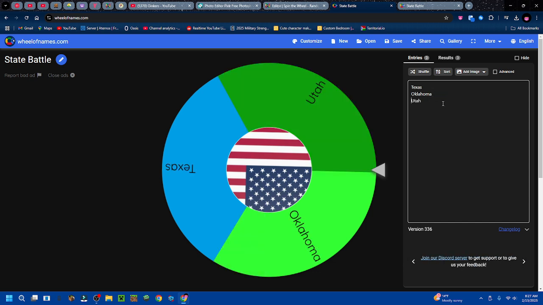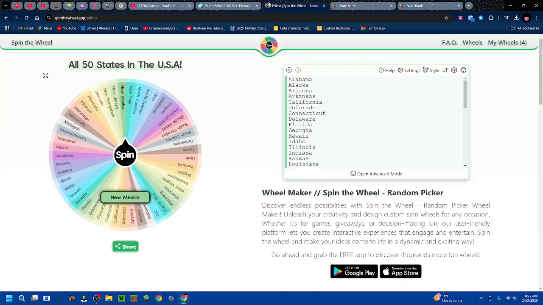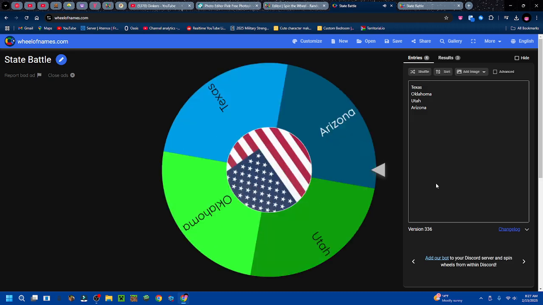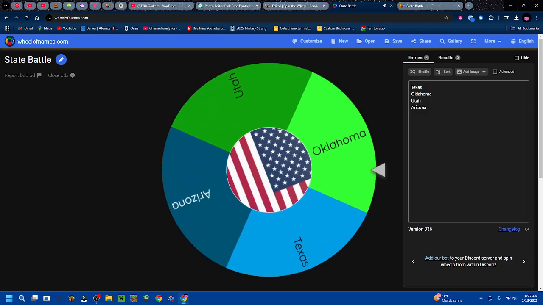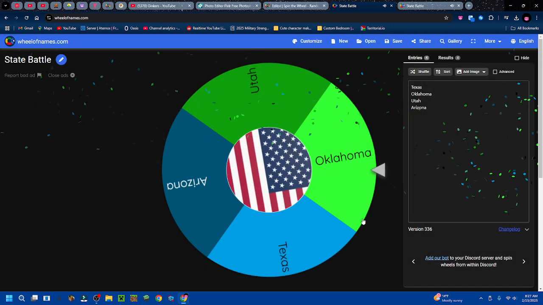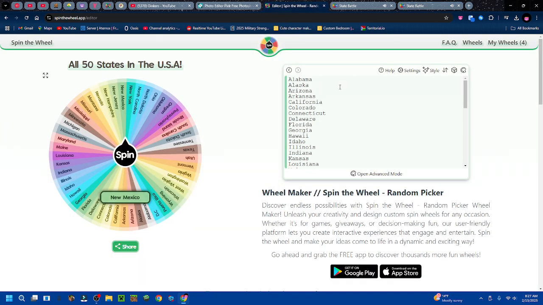Oh. Arizona. Oh, I just threw my keyboard. Alright. That's everybody that they border. Who are they going to be attacking? Oklahoma. At least it's not as bad as, say, attacking Utah. They're going to lose, and Oklahoma's going to take all their land.